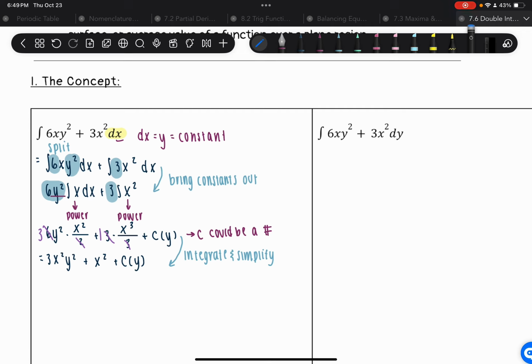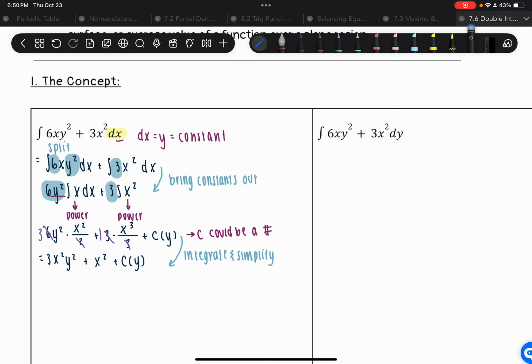Here is a little integral review. A helpful tip when I have 2 functions is to split up the integral, kind of separating them. So I have the integral of 6xy squared plus 3x squared dx.